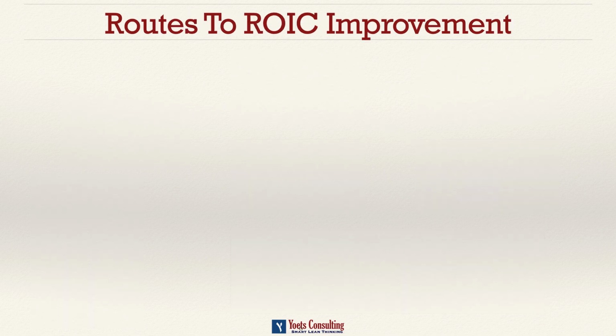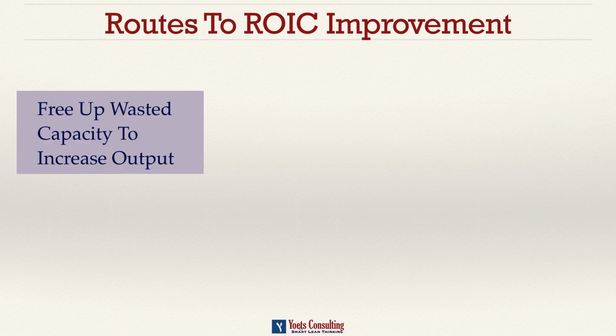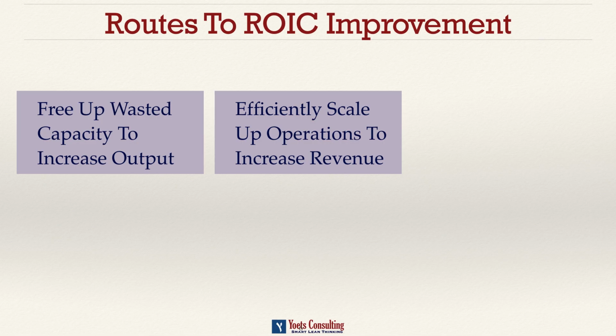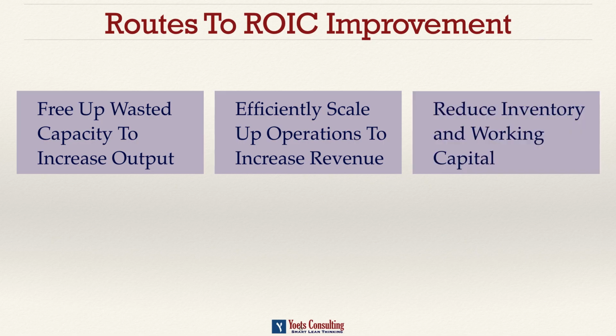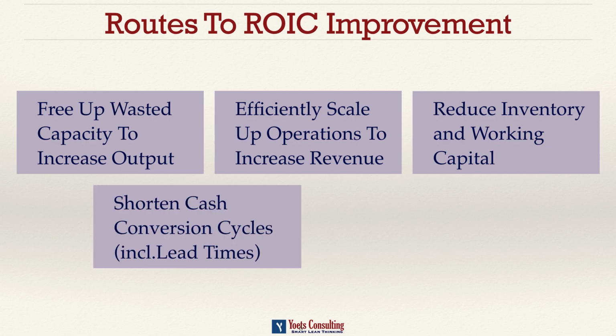So what are the routes to ROIC improvement? How can we go about improving ROIC? First of all, free up wasted capacity in your operations to increase the output. Secondly, efficiently scaling up operations to increase revenue will obviously improve your ROIC. Reducing the inventory, working capital, etc. can help.